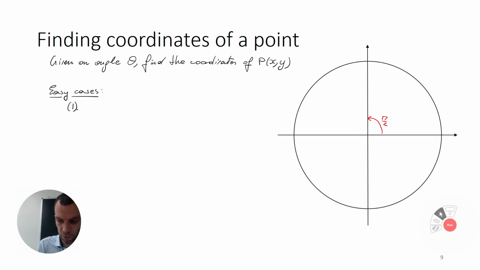So here, if we say theta is pi over 2, then the point that corresponds with that is this point right here, and let me label my axes x and y. So this point right here has coordinates 0 for x and 1 for y.